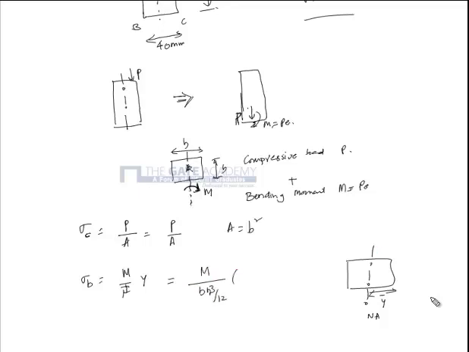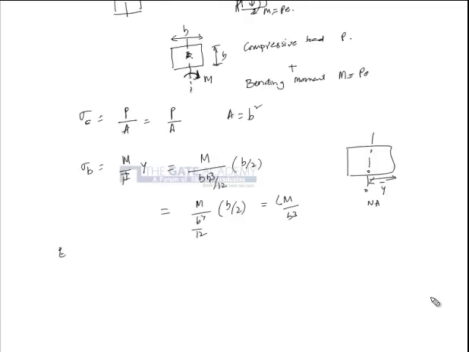Y is this distance, which is B by 2. Now H is also B here, so this is M by B power 4 by 12 into B by 2, so it will be 6M by B cube.